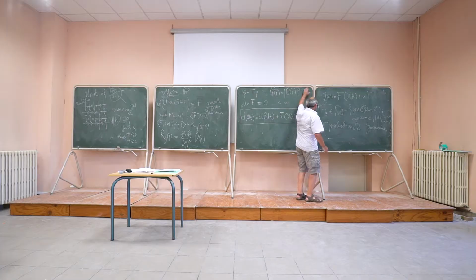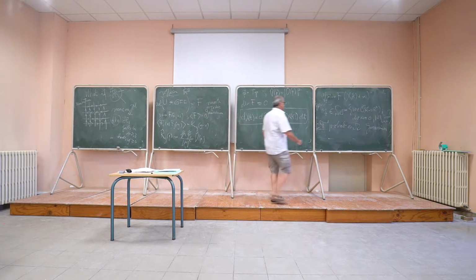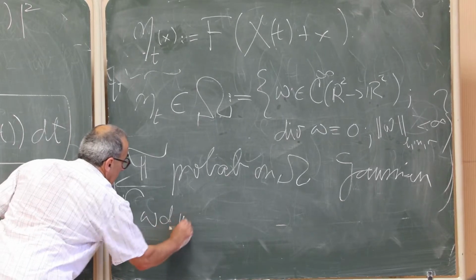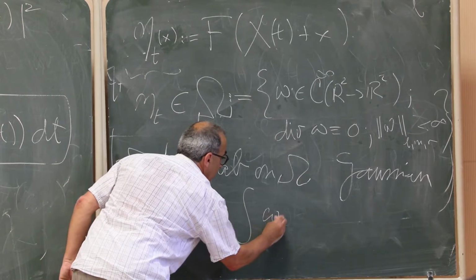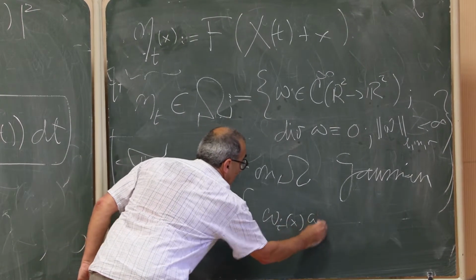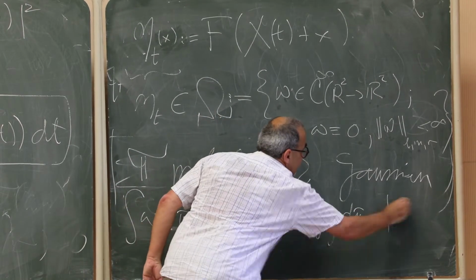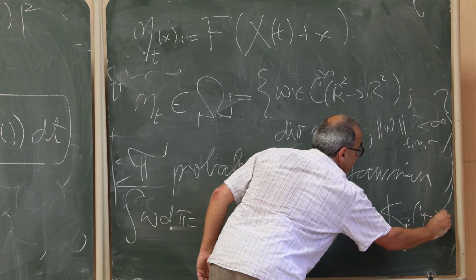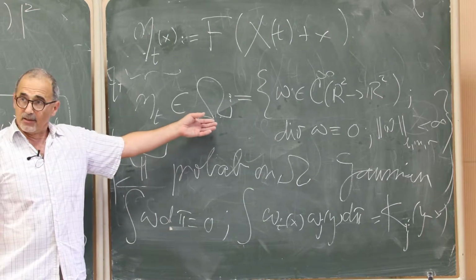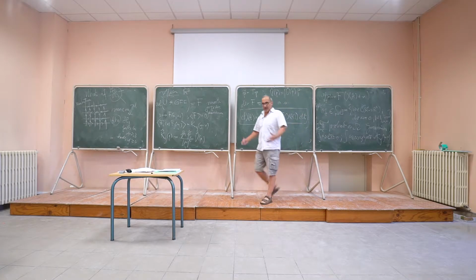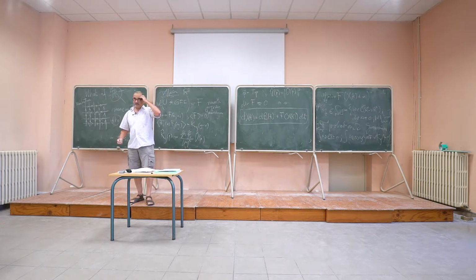And their covariances are like here. So the integral of omega d pi is 0, and the integral of omega_i(x) omega_j(y) d pi equals this K_ij(y minus x). This is a Gaussian measure concentrated on this infinite dimensional space. It makes sense to define a Gaussian probability measure on the function space, right?